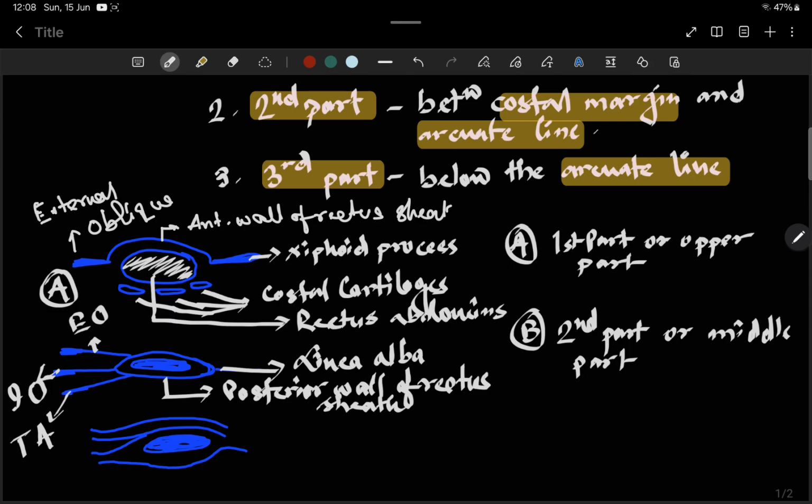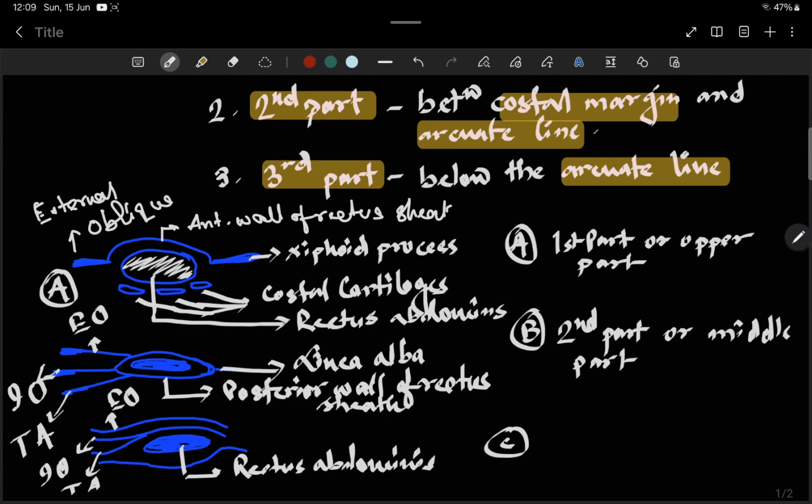And the last one is the same: external oblique, this one is the internal oblique, the transversus abdominis muscle, and this one is the rectus abdominis muscle.